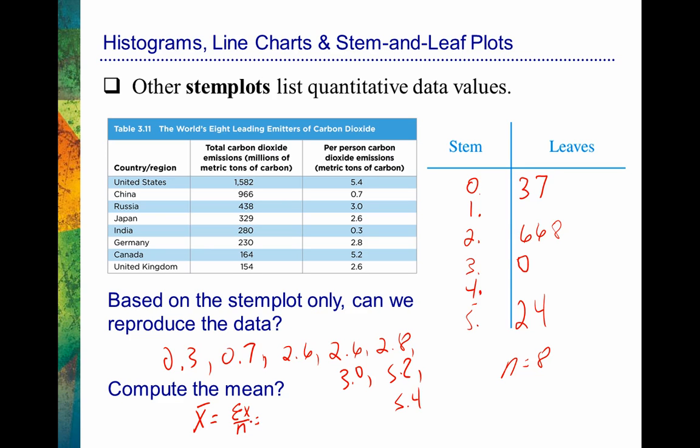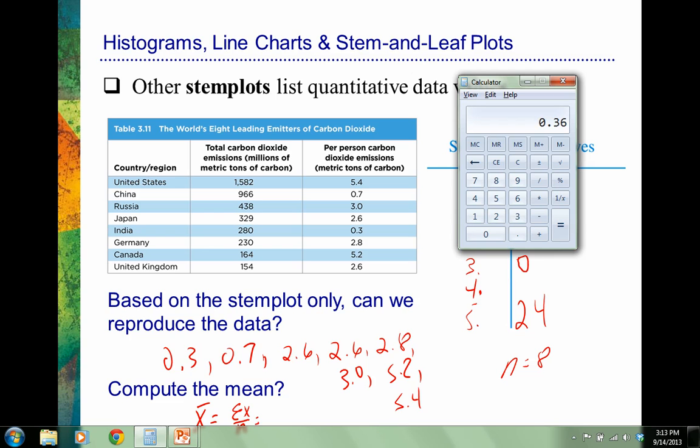So let's compute the sum of x real easily. Real quickly, we'll get our calculator out. Looking at our data, we have 0.3 plus 0.7 plus 2.6 plus 2.6 plus 2.8 plus 3.0 plus 5.2 and then plus 5.4 equals 22.6.